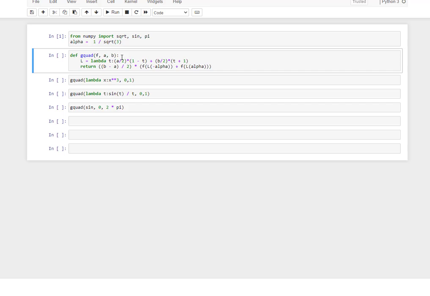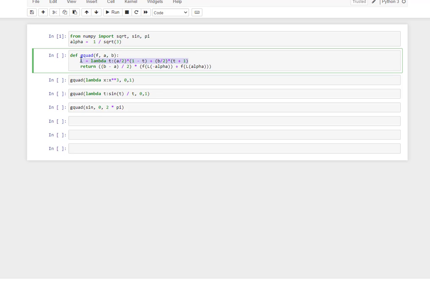Now I define my quadratic polynomial here, my Gaussian quadrature formula. F is the function I'm going to integrate, and a, b is the interval I'm going to integrate it on.